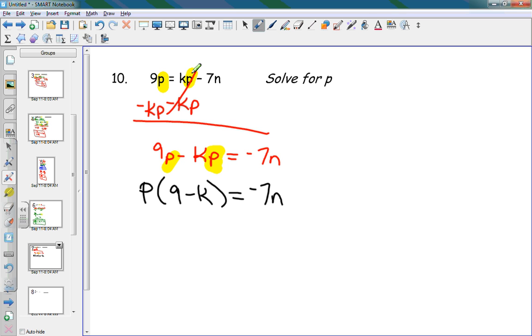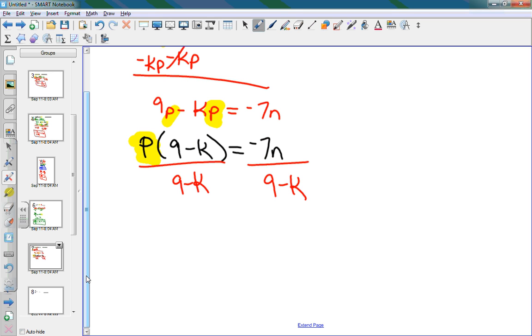Do I care about that right-hand side? No, it's not with my letter P, so I can let it tag along like a little sibling, right? Now, what am I solving for? P. So what's attached to P? How is it attached to P? How do I get rid of it? So I'm going to divide both sides, please speak mathematically to me, by 9 minus K on both sides.